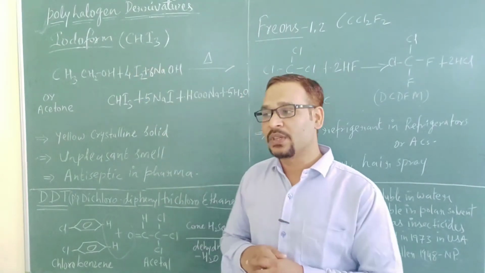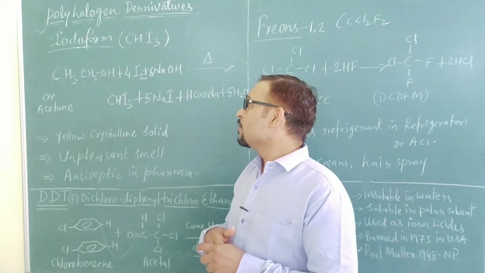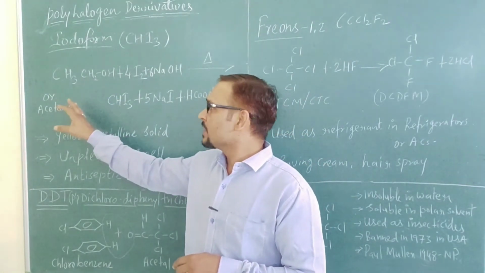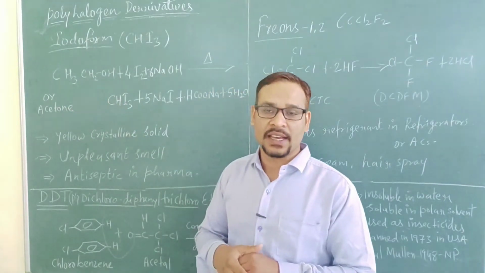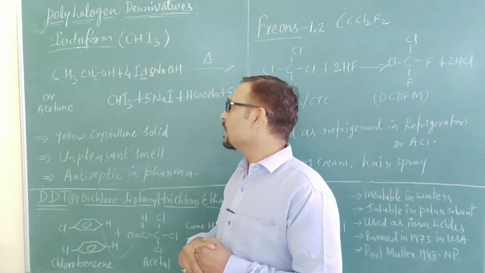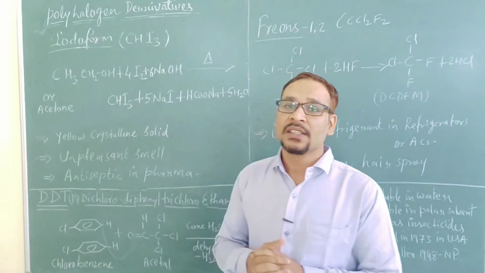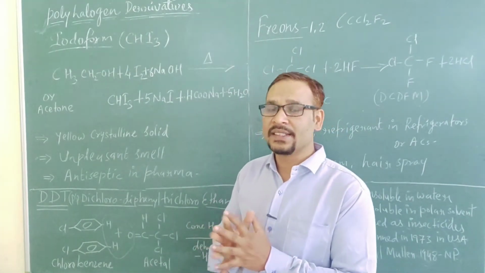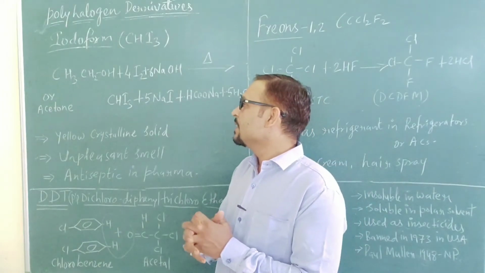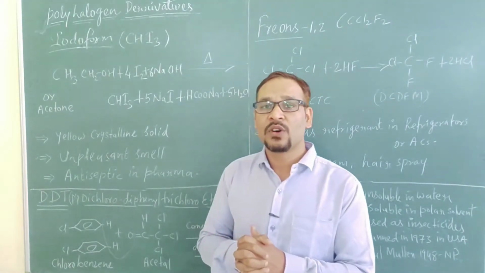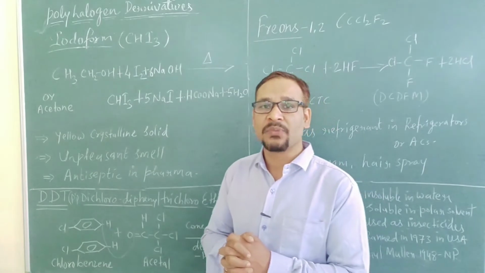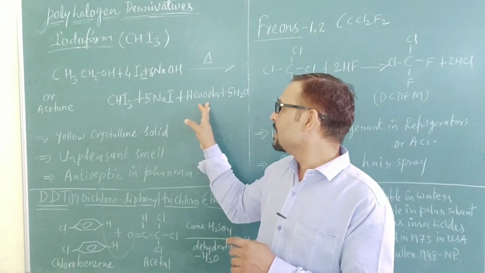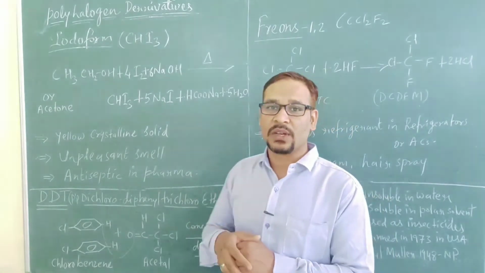Now how is it prepared? It is prepared by ethyl alcohol or acetone. So here I have taken ethyl alcohol. When ethyl alcohol reacts with iodine and sodium hydroxide base, when these reactants are heated, we will get iodoform along with sodium iodide, sodium formate, and water molecules.